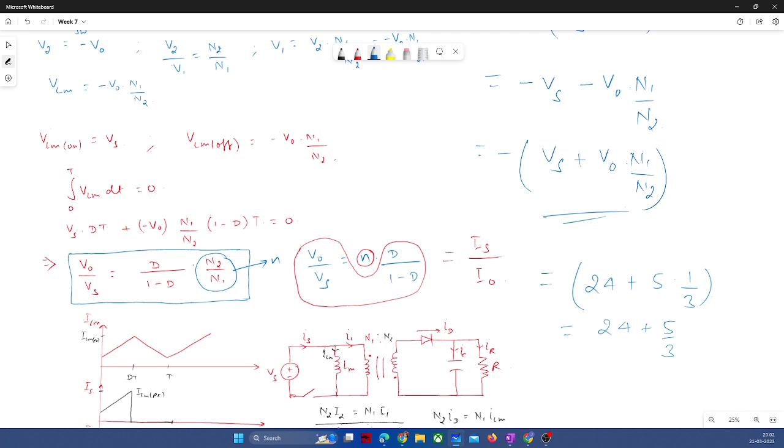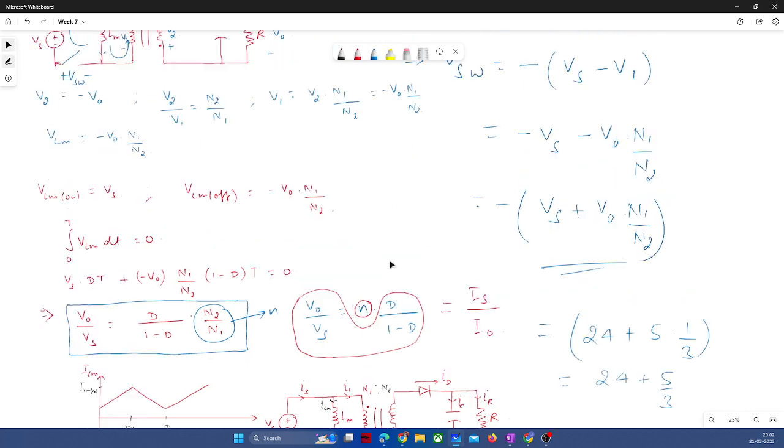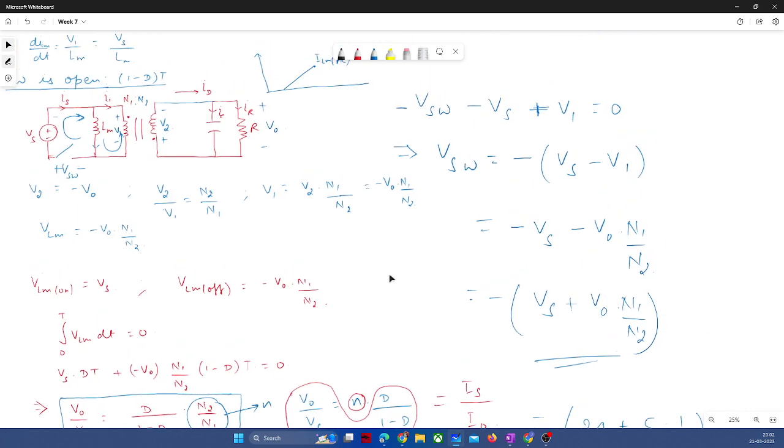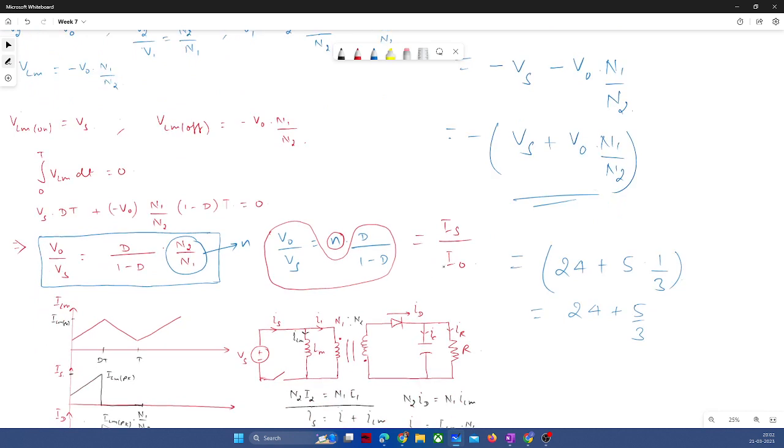Just a minute. Not N1 by N2. So what you computed earlier was correct. That is 5 by 3, 15 plus 24, that will be 39. So it should be 30.